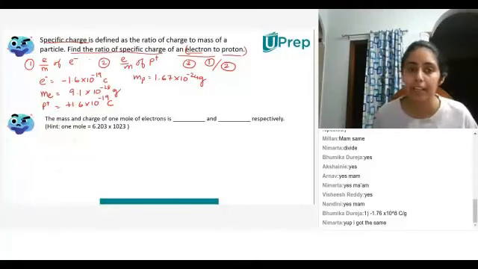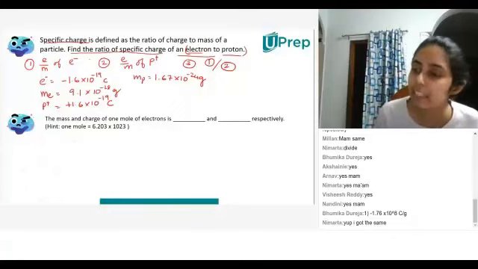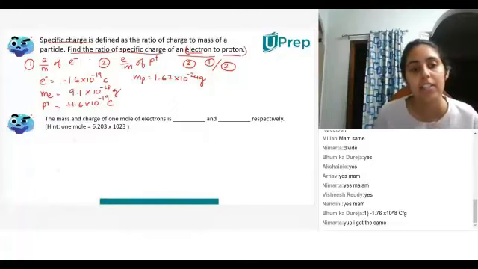Yeah, Arnav, you are correct. I think you said 10 to the power minus 9. That should be plus 9. Ma'am, I said plus 9. Oh, you said plus 9? Okay, fine. Ma'am, but what are the units? So what we will pronounce the unit as? Okay, so what is the unit for charge?